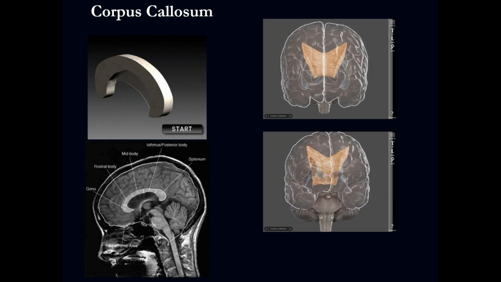This is the corpus callosum. It is made of white matter, just myelinated nerve cells. And can you see, it looks like a bridge, right? A bridge from one hemisphere to the other hemisphere.